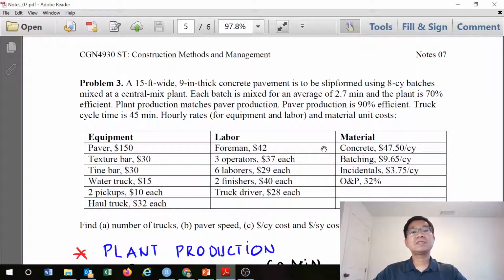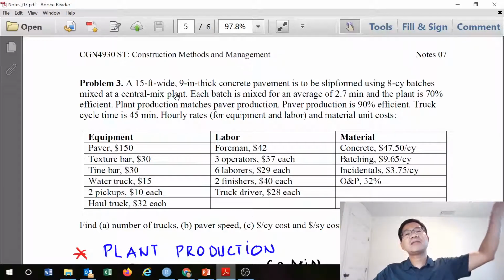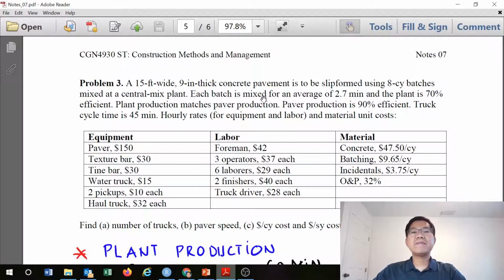so that you can understand this problem. So in this problem, we have a 15 feet wide, 9-inch thick concrete pavement, to be placed using slip form, with 8 cubic yard batches mixed at a central mix plant, so that the concrete is mixed in the plant. Each batch is mixed for an average of 2.7 minutes, and the plant is 70% efficient.